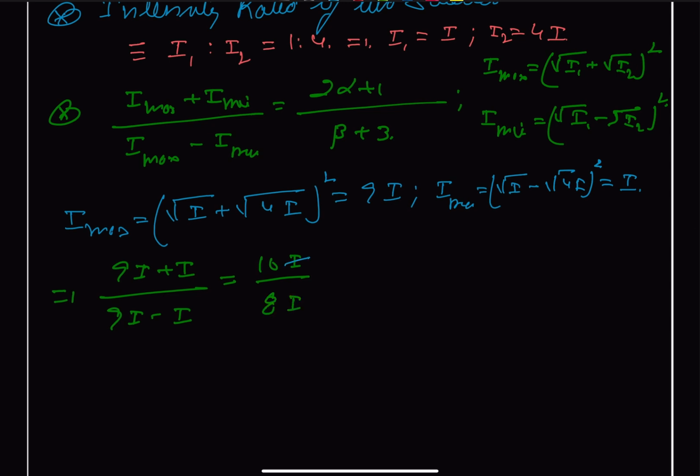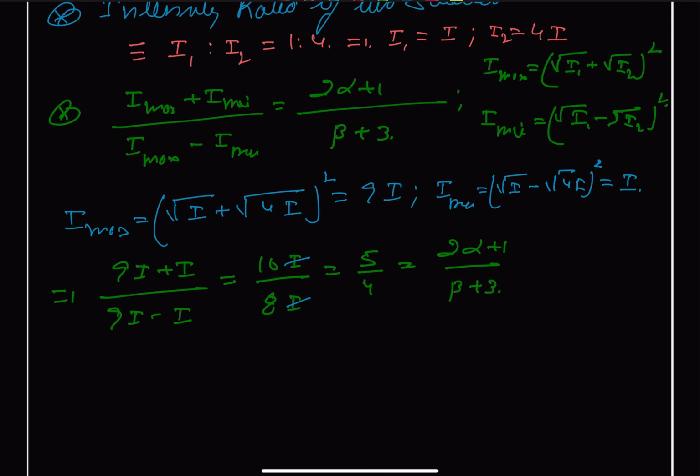I and I go away, and this will be equal to our 5/4, and this 5/4 will be equal to twice alpha plus 1 divided by beta plus 3.